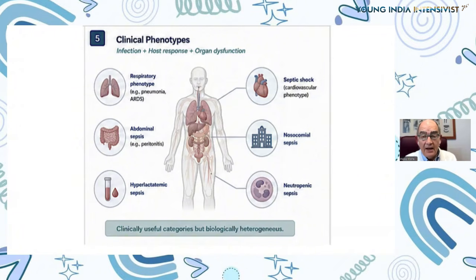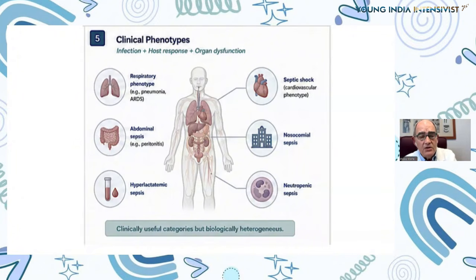We have the kind of sepsis that occurs in the hospital, the nosocomial sepsis. Why is this important? Because we have different phenotypes in terms of different germs compared with the infection whose onset is in the community.